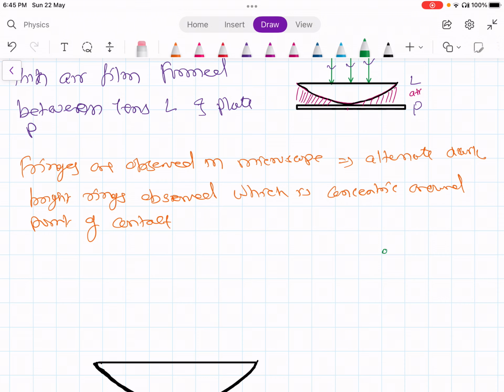At the point of contact, you will see the dark spot, and around that you will see alternate dark and bright rings, which are called Newton's rings.